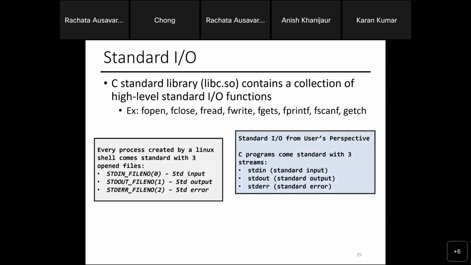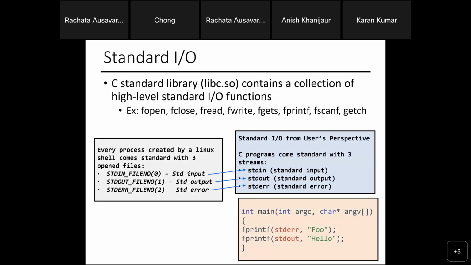Now, from the user point of view, when you run the C program, you have stdin, stdout, standard output, and stderr. So that would kind of directly map from the three Unix version of the process standard IO.